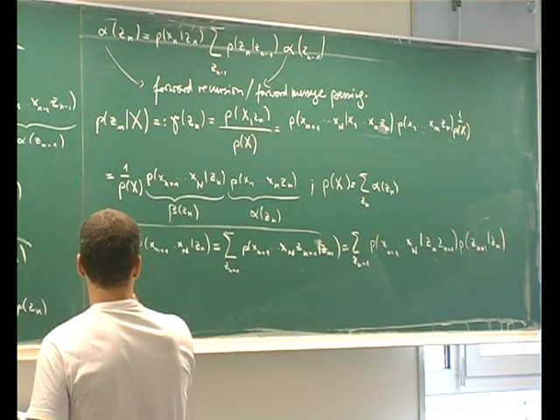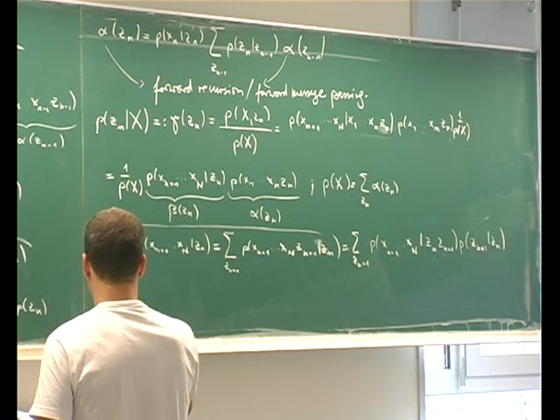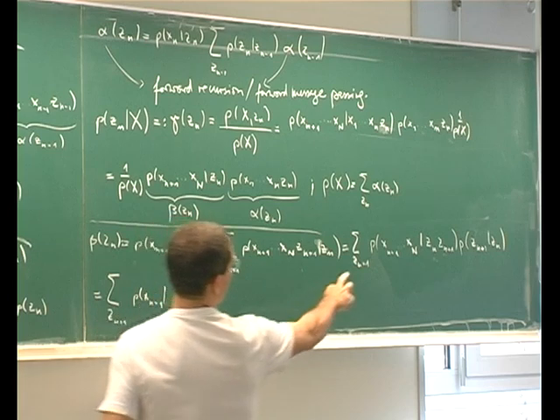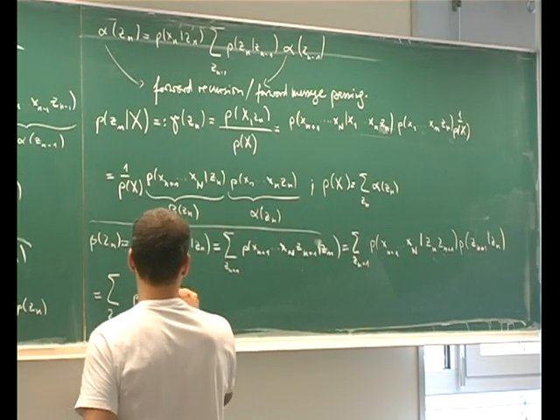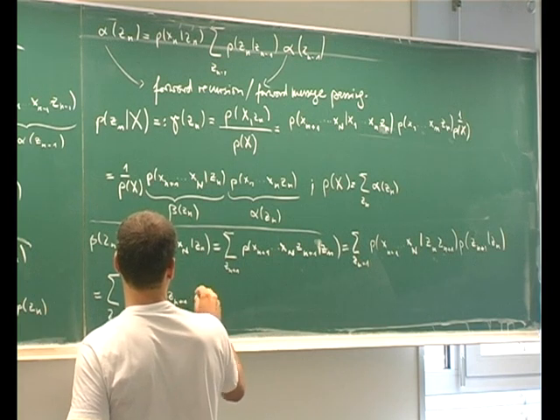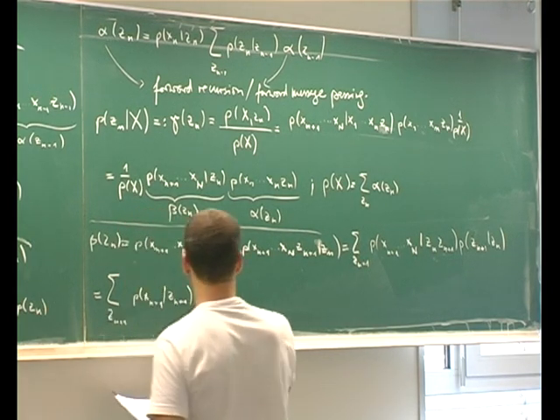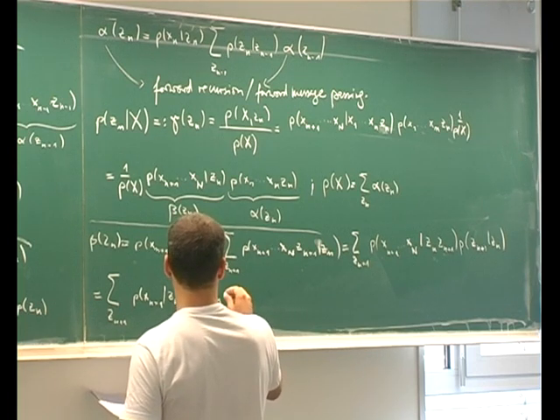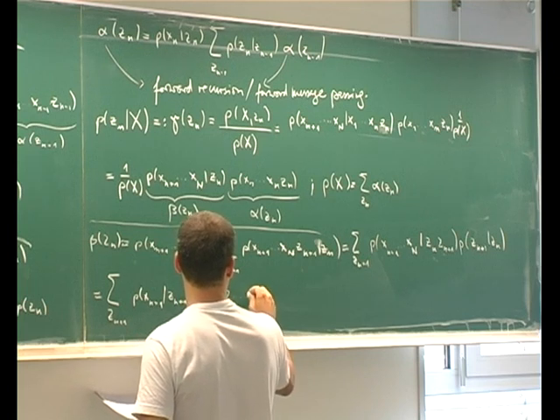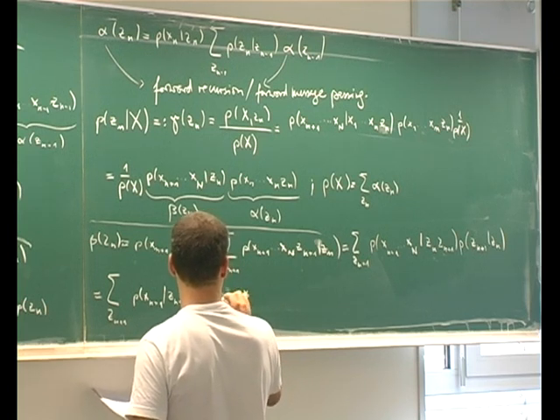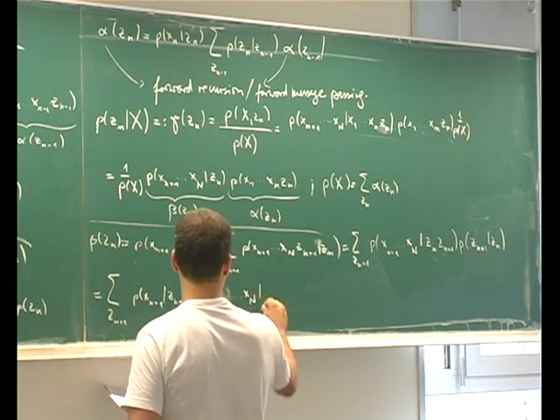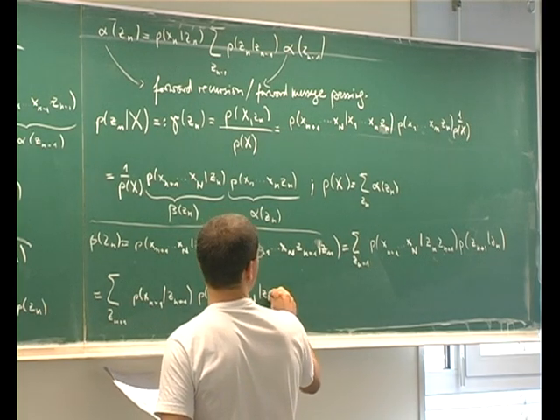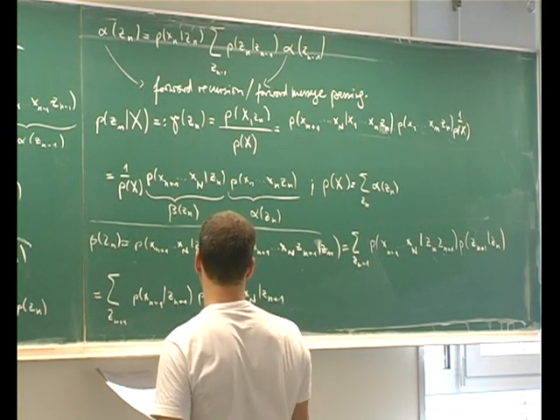So we have the probability of this observation x at n plus 1, which depends only on the hidden state Zn plus 1, whereas all other observations only depend on Zn plus 1.